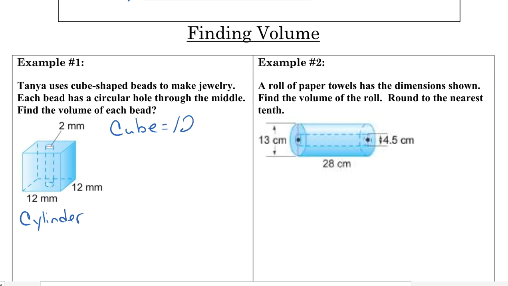So that's really like doing 12 cubed, because your length, your width, and your height are all going to be the same value, and 12 cubed is equal to 1,728 millimeters cubed.